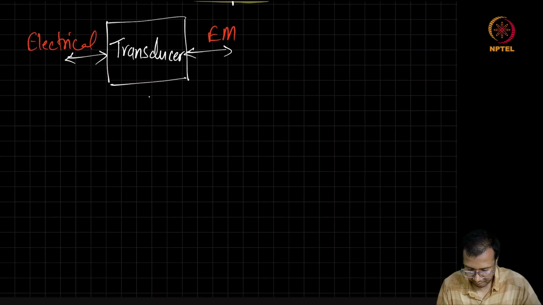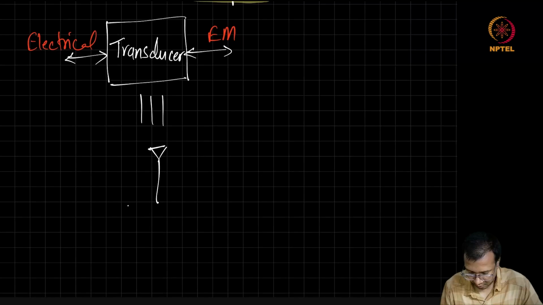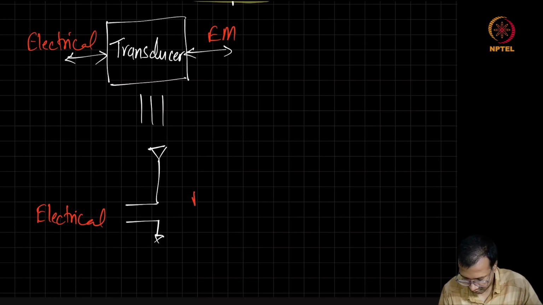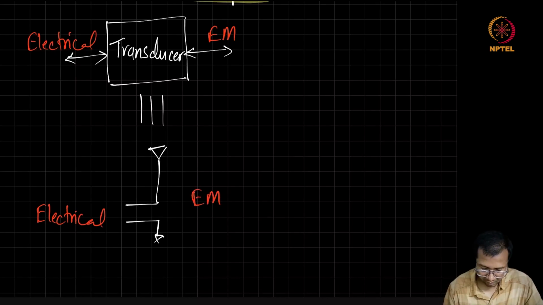Okay, so electrically it will look like this. On one side we have the electrical signal, the other side will be electromagnetic radiation.